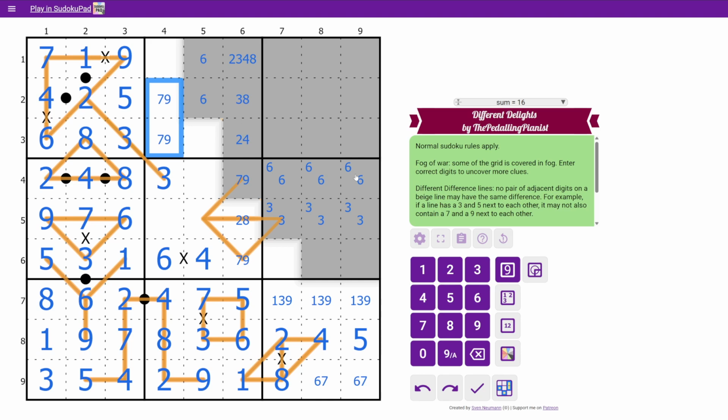We're gonna have a 2, no, a 1, and a 5. A 1 and a 5 is all that's left to place, and a 1 is already seen here. This is a 5. This is a 1.